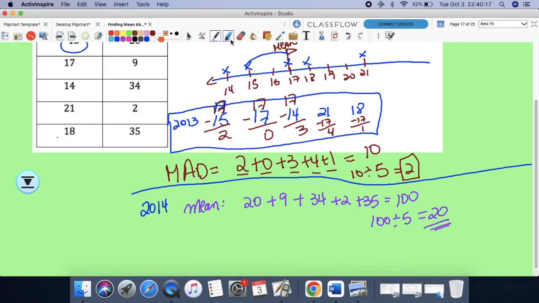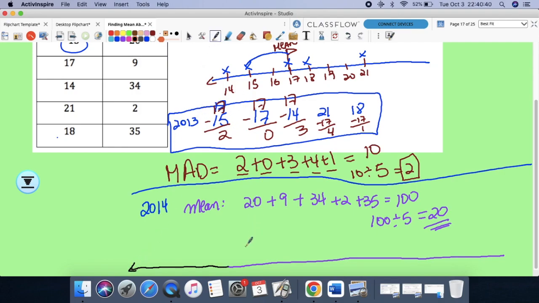All right, so now I'm going to draw a number line, just like I did on top. It's going to be a little bit bigger. I'm going to stretch that out.